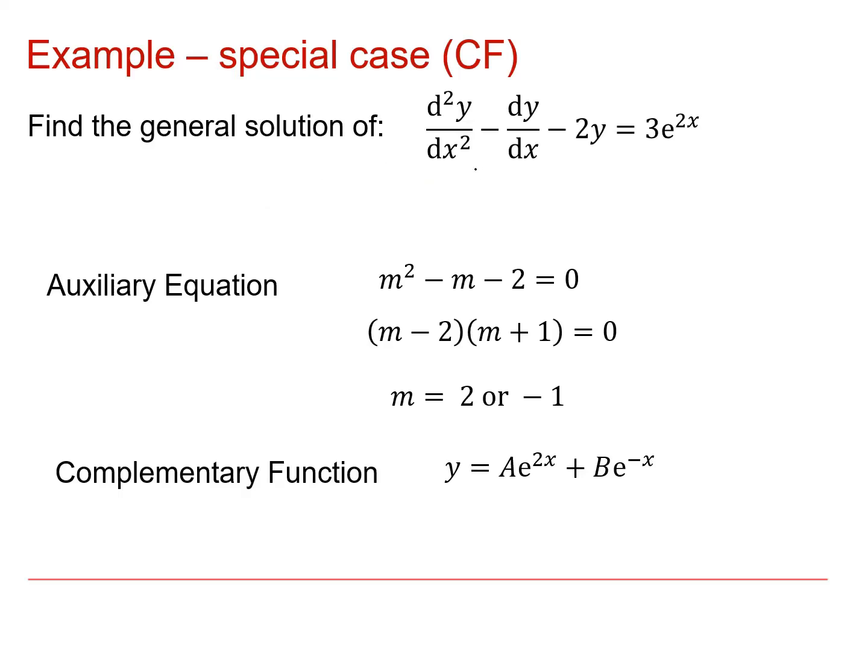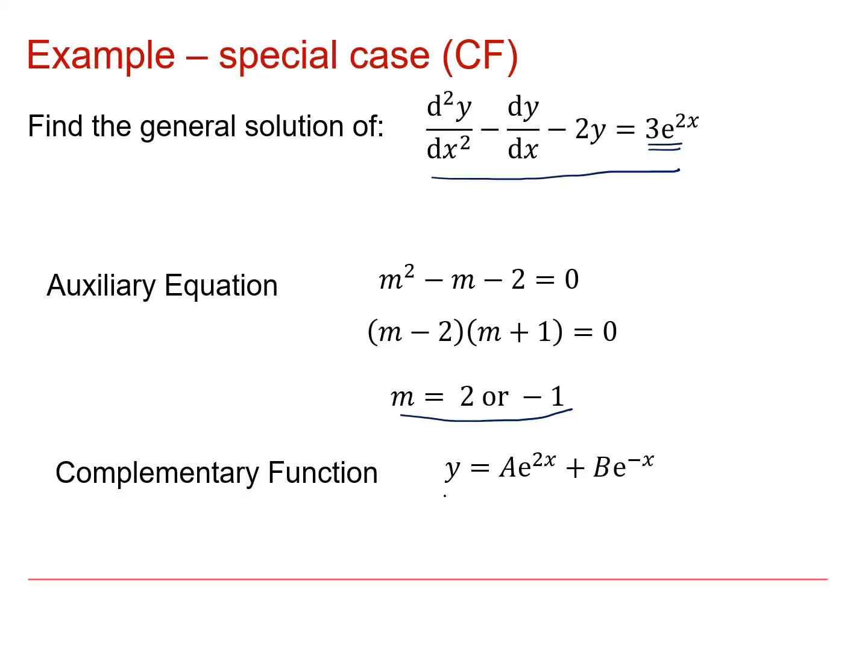We've got here that we want to find the general solution of this equation, and here's my right-hand side, the 3e^(2x). Just to remind us, we've solved this equation a number of times in previous videos. The auxiliary equation is m² - m - 2 = 0, and that goes through to give me m = 2 or -1.